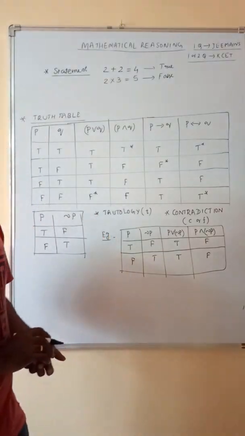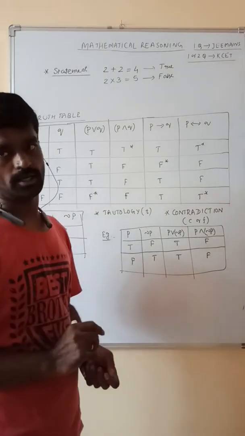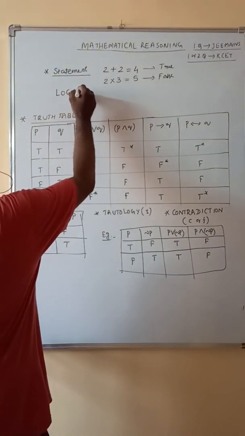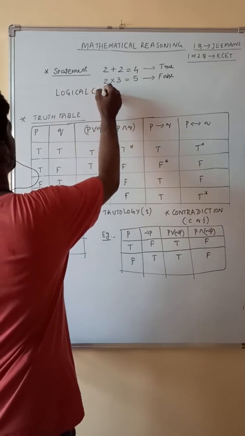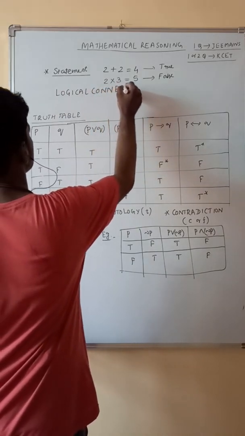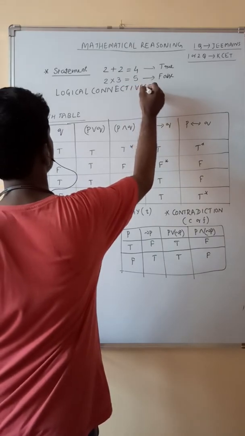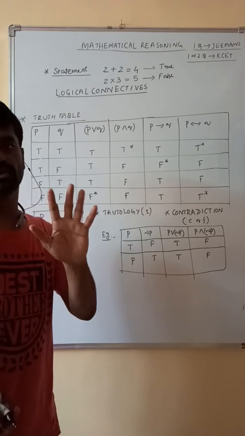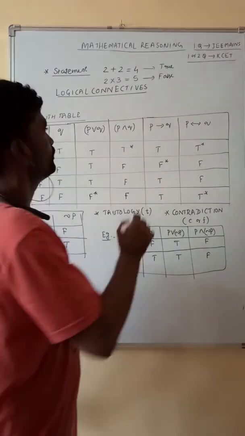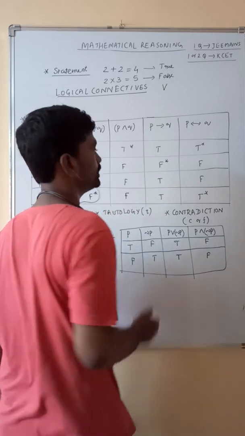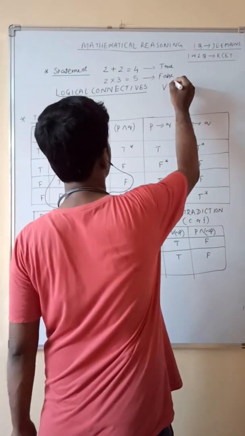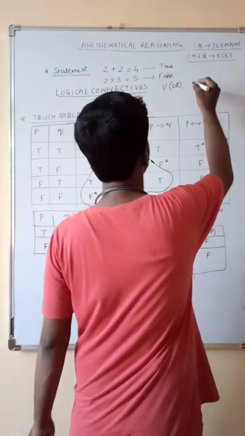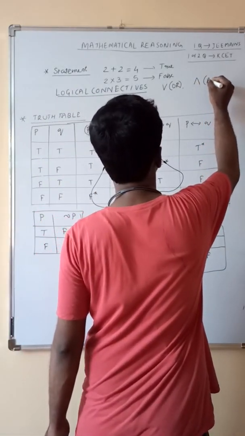Next, I am going to discuss logical connectives. In this topic, there are 5 different types of logical connectives. The first one is disjunction, or OR. Next, conjunction, or AND.